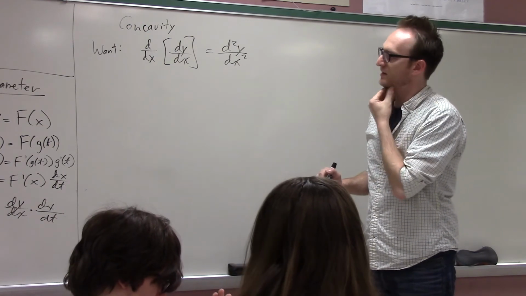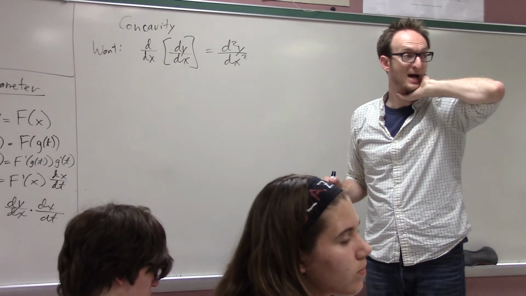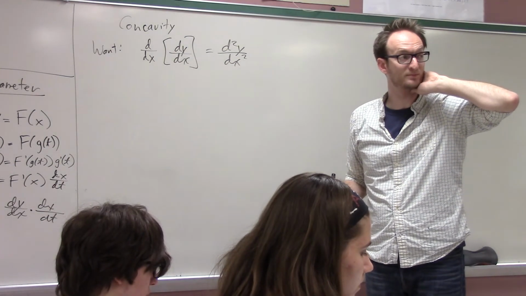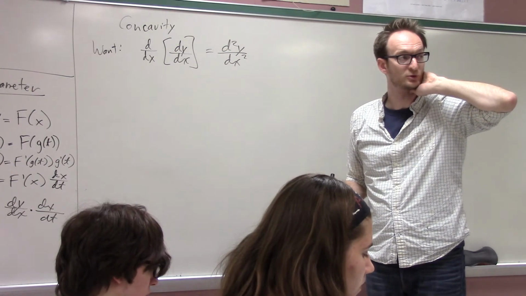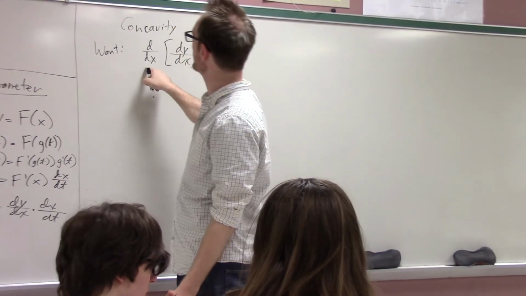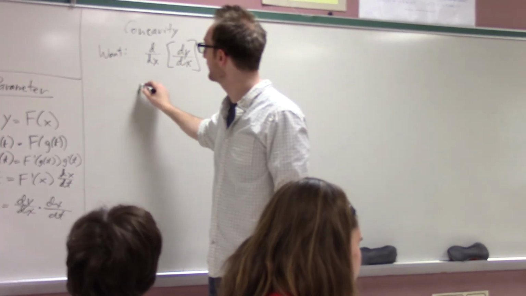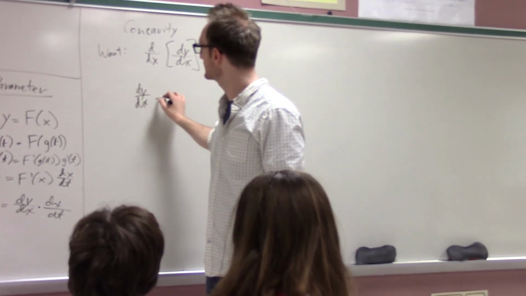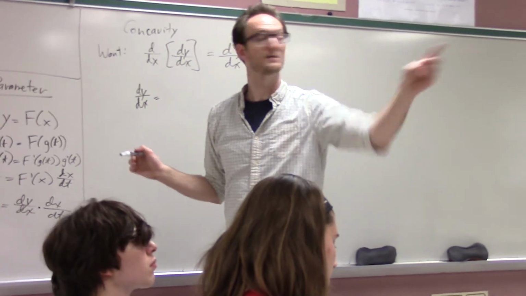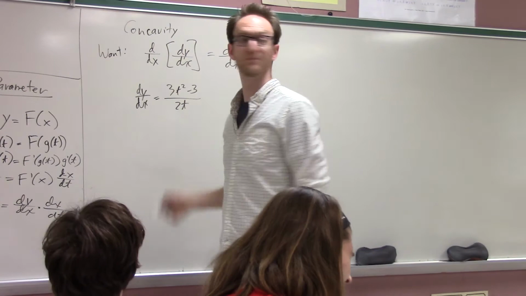Well, it's like this. If we take this problem that we did already over there, what I really want is the derivative with respect to x of dy dx. On this problem from the backboard, dy dx we determined was 3t squared minus 3 all over 2t, right?